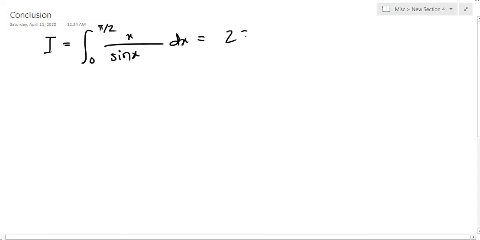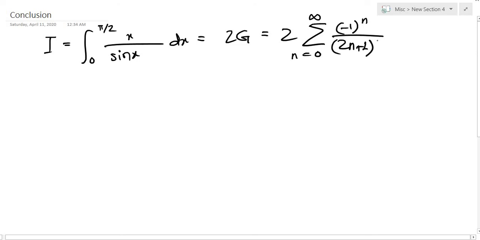So 2 times Catalan's constant, or 2 times the sum from n equals 0 to infinity of negative 1 to the nth power divided by 2n plus 1, the whole thing squared. So that's a really beautiful result, very neat.